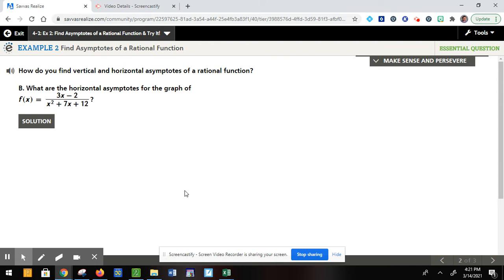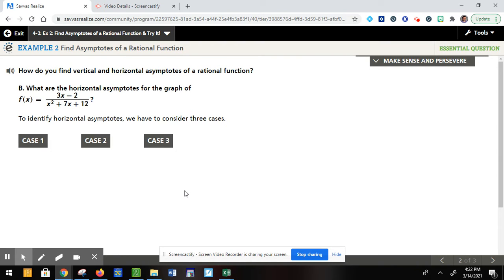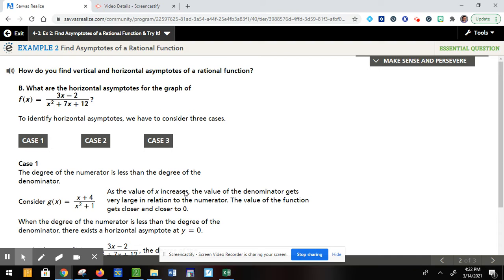For horizontal, a little different. So how do you find vertical and horizontal asymptotes of a rational function? In this case, there are three cases. There's three different possibilities for what can happen when you're looking for horizontal asymptotes. Case one, the degree of the numerator is less than the degree of the denominator.